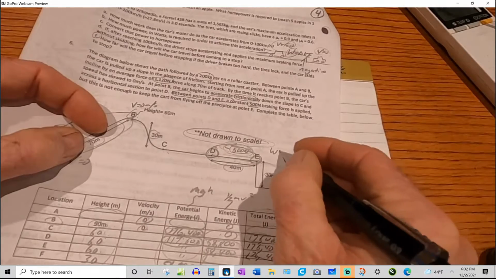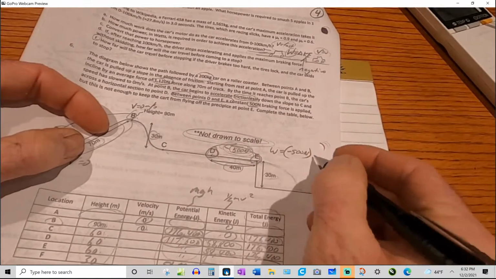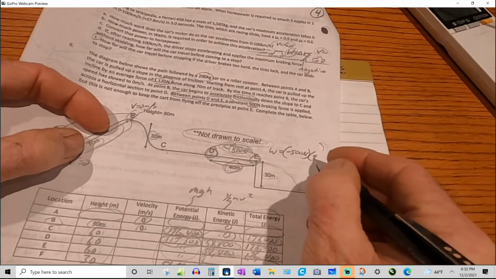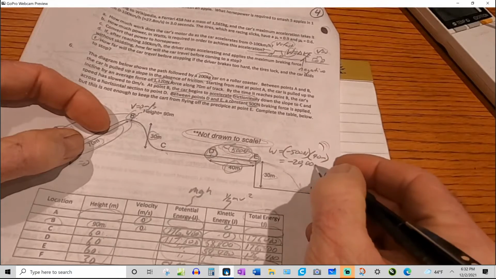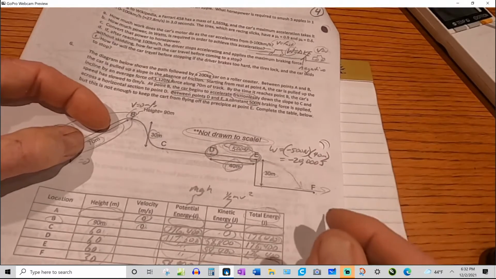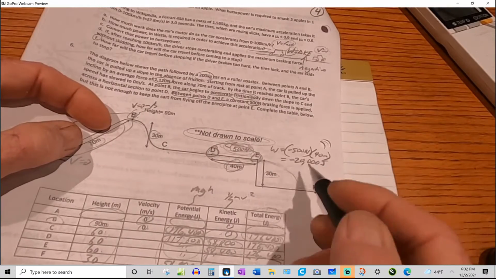The work that's being done here is negative 500 newtons times the distance, 40 meters. So it's going to be negative 20,000 joules.